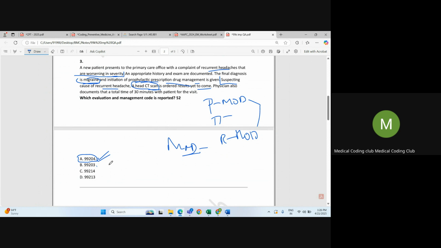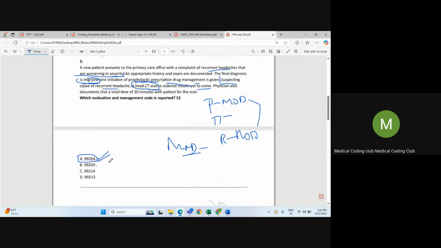So it is important to know each and every chart and how these medical conditions are documented. Based on all that, by severity we can take it as MDM moderate.